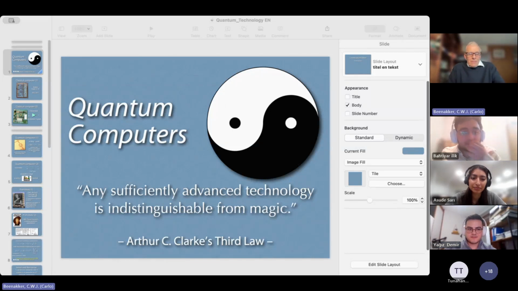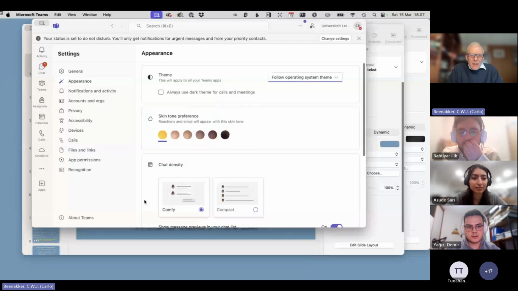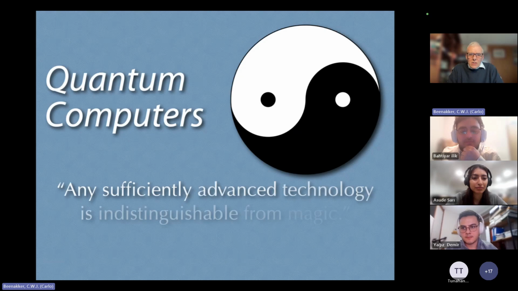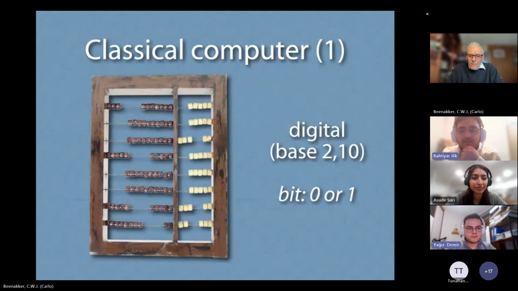I have no idea. Let me see. I typically give talks using Zoom. I've never given talks using Teams. So I'll stop the share. Sharing screen, did you share your screen? I'll share the whole screen. Now I'm sharing the whole screen. Yeah, it's better. It will probably change slides now. Let me see if I change it now. Now you see me changing the slides? Yeah, we do. Yes, we can.